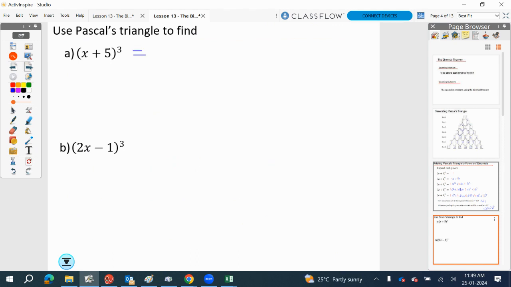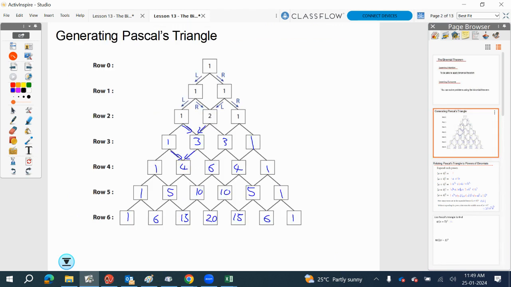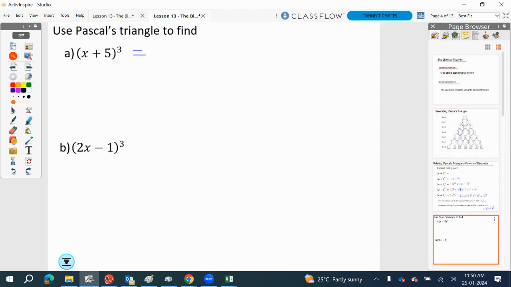So what we want to do is we're going to do to the power of 3. So we look at the third row of this one, and we get 1, 3, 3, 1. We come back here.